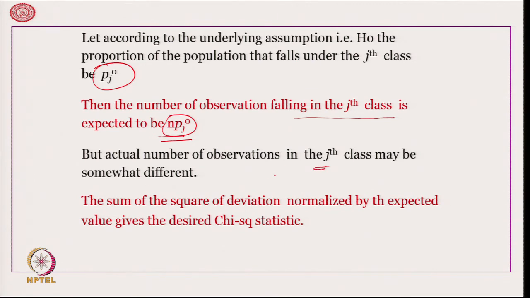Thus, there may be a gap between the actual observations from the jth class, which we call n j, and n p j 0. The sum of the squares of the deviations normalized by the expected value gives the desired chi-square statistic. This we have already explained.